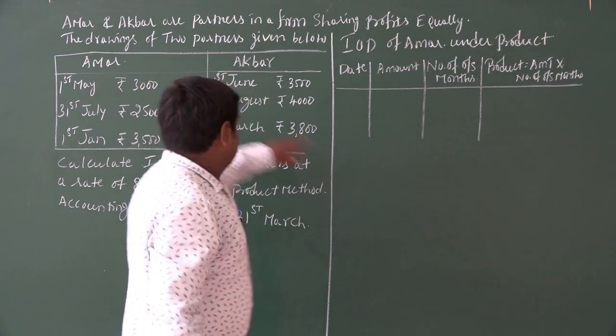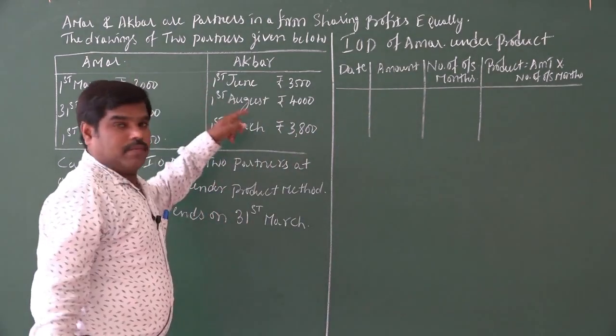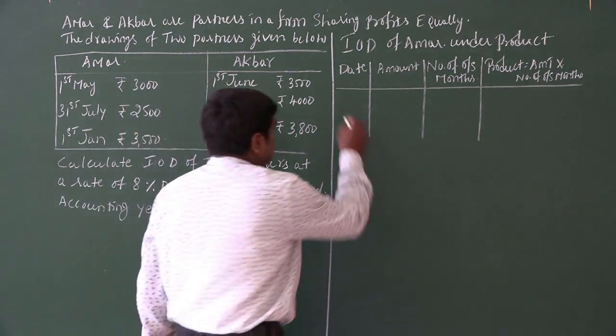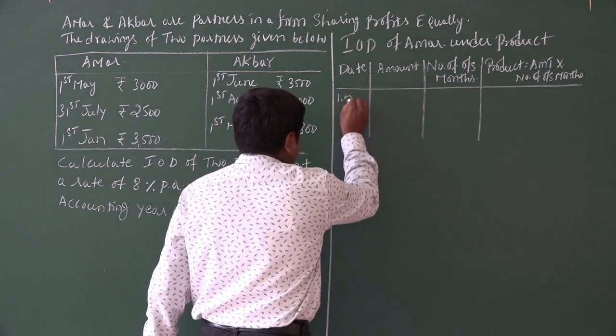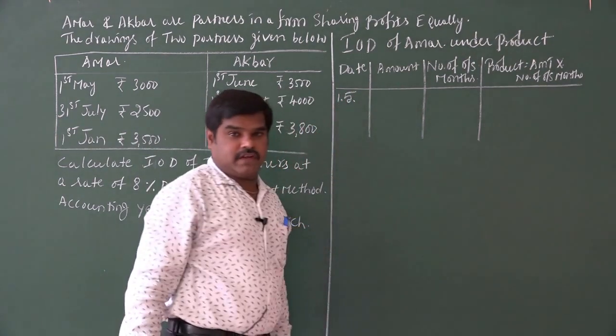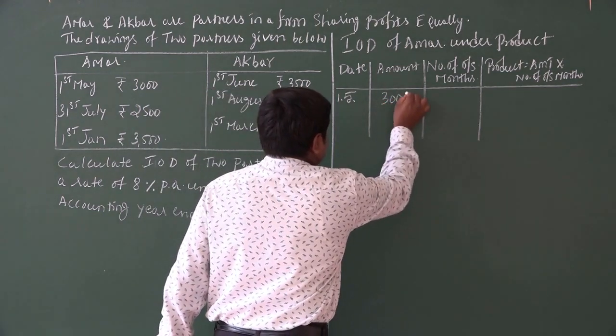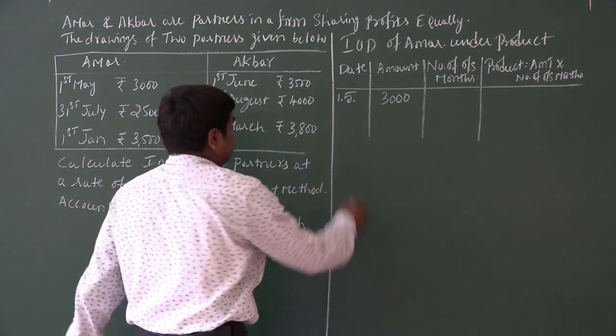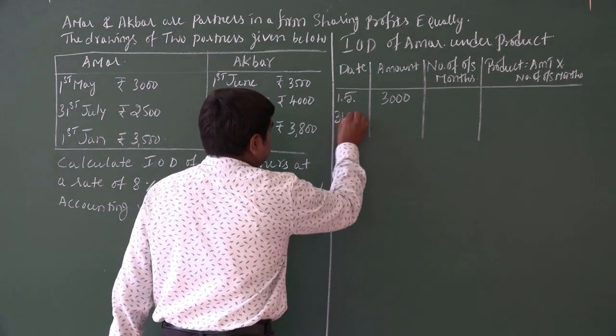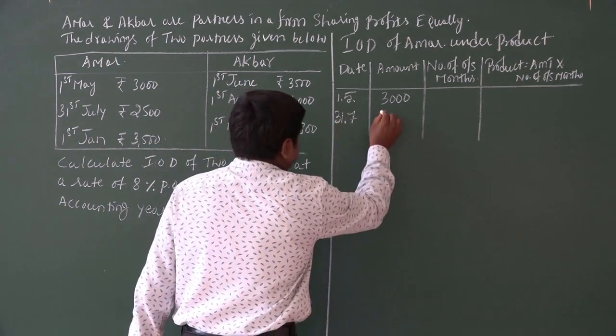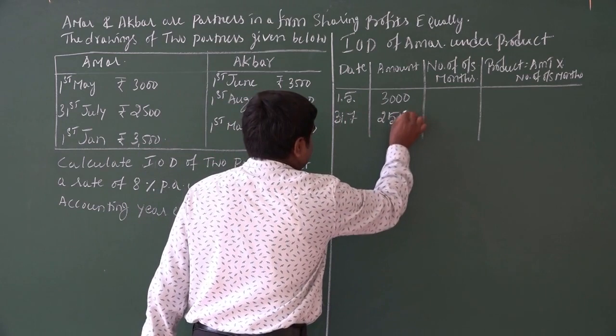Next, first you come to Amar. 1st May, 1/5. Date is given 1/5. Amount is given 3,000. Next date 31st July, rupees 2,500.